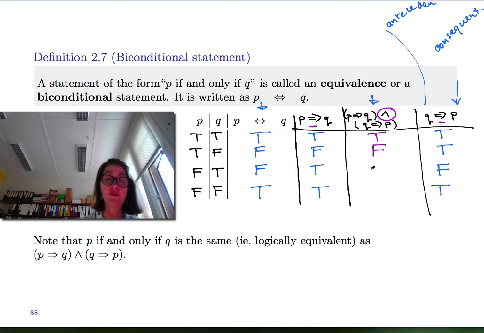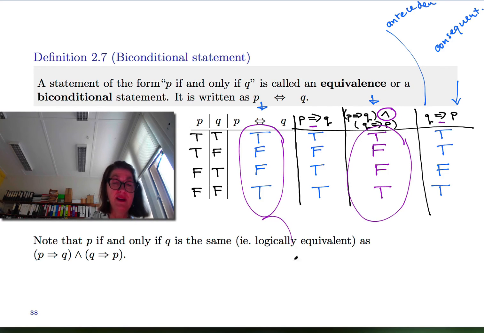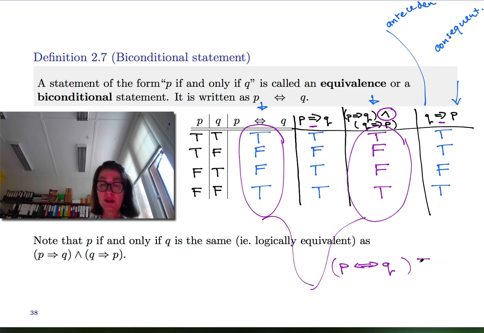Again, true and false gives us a false value, and true and true gives us a true value for the conjunction. So now when we look at this column and this column, they should be the same. They are the same. So we say that P if and only if Q is logically equivalent to P implies Q and Q implies P.